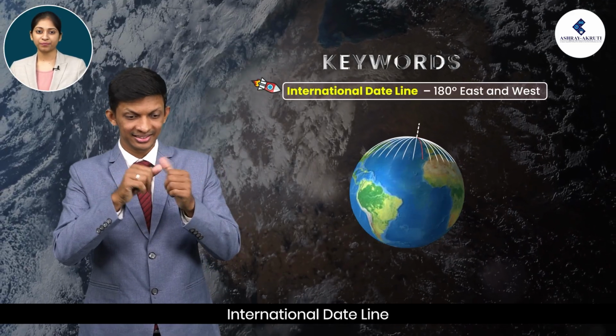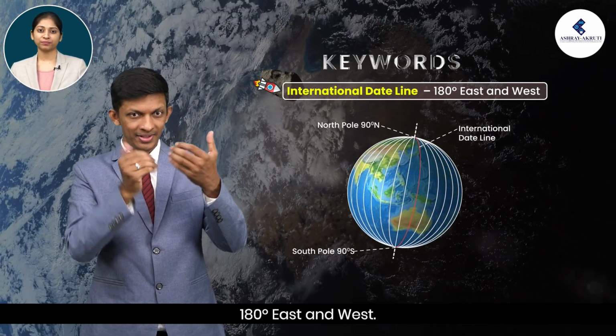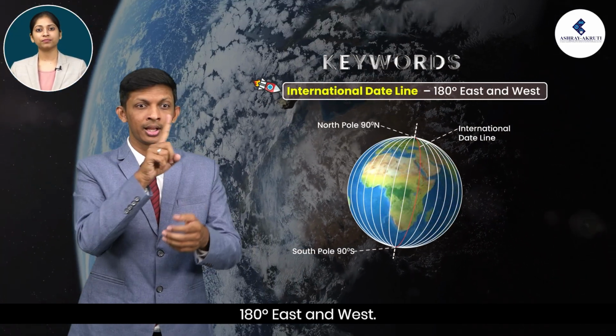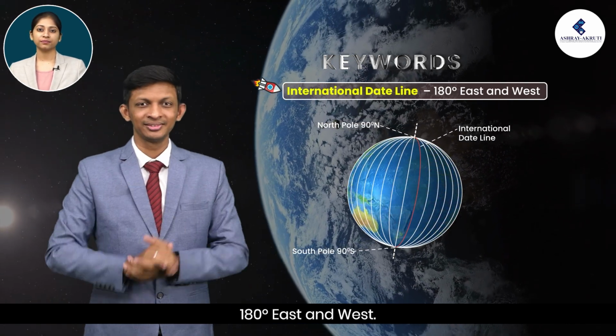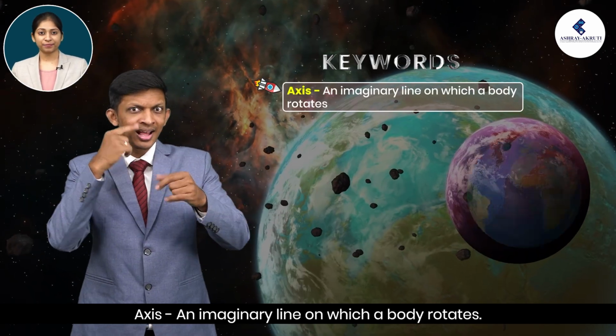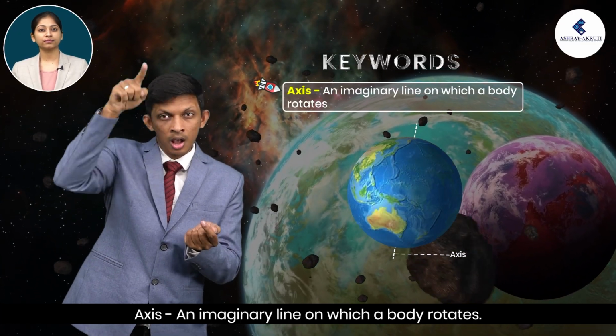International date line, 180 degrees east and west. Axis, an imaginary line on which a body rotates.